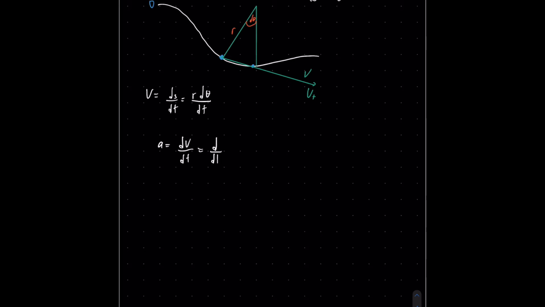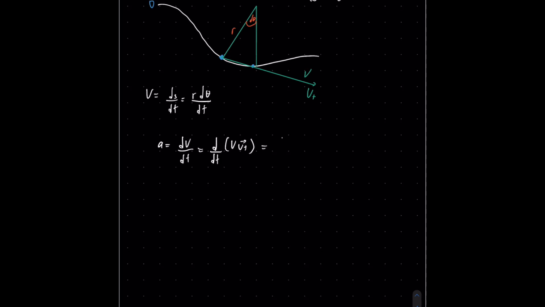dt. We're taking the derivative of the velocity, and don't forget the unit vector. Now this, from calculus, is the product rule. So we solve for one thing, and then we solve for another thing.